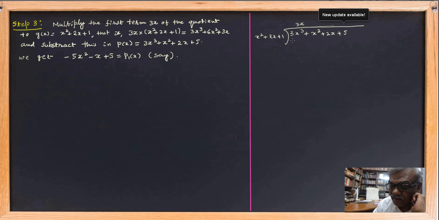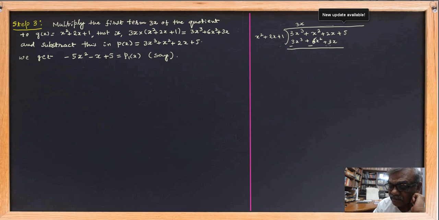Multiply this: 3x cube, 2 into 3, 6x square, 6x square plus 3x, and subtract accordingly as in step 3.